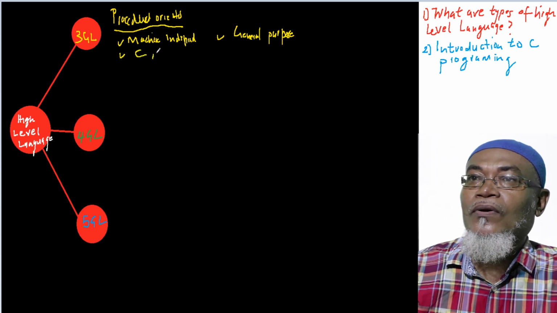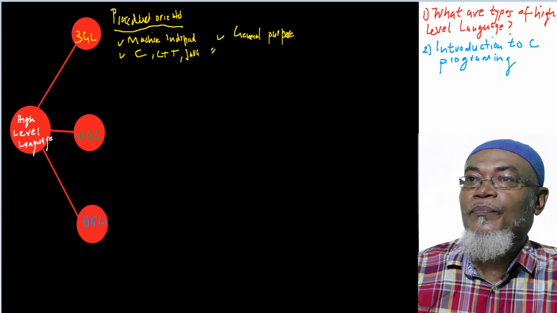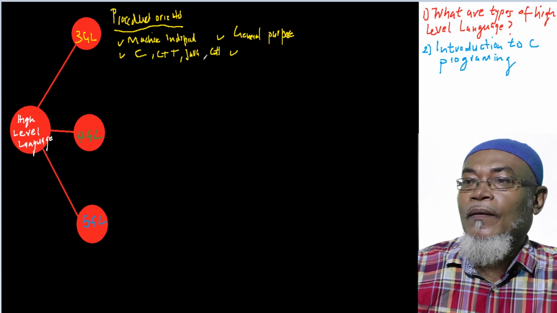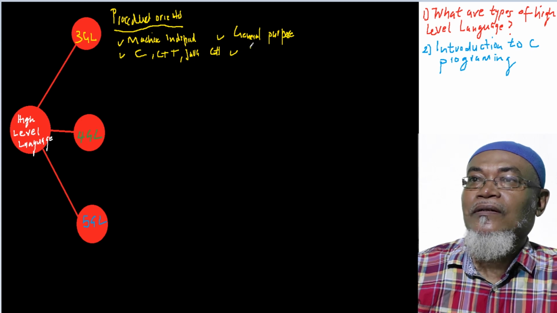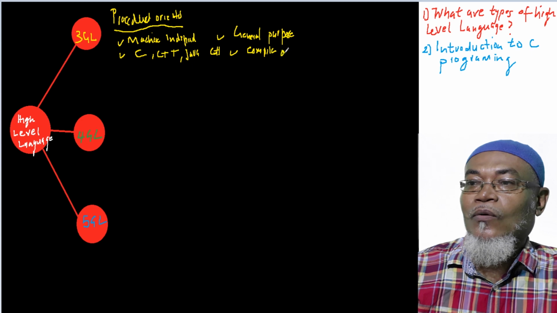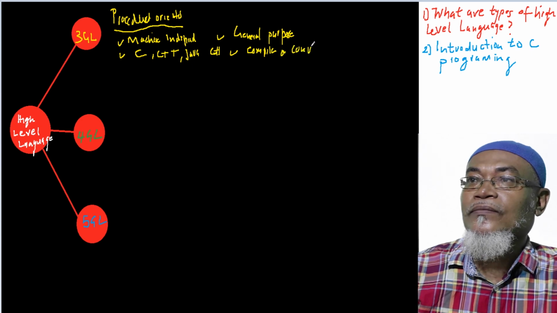Examples of 3G are the basic computer languages like C, C++, Java, C#, and many more. But as we said in a previous lesson, these programs need what you call compilers or converters.